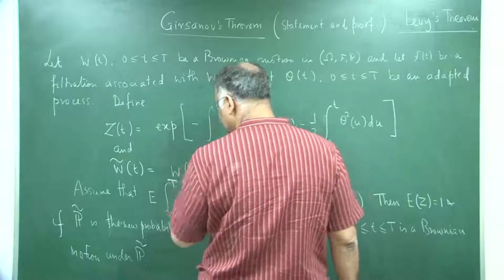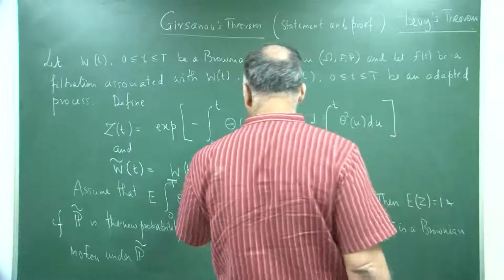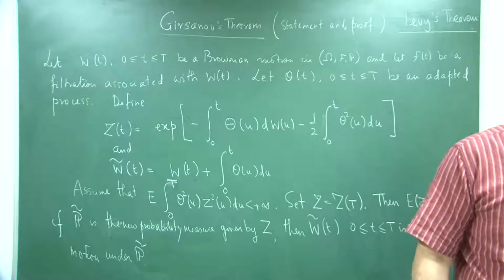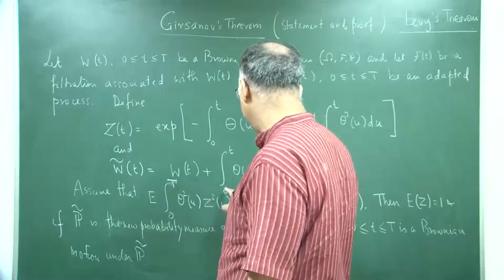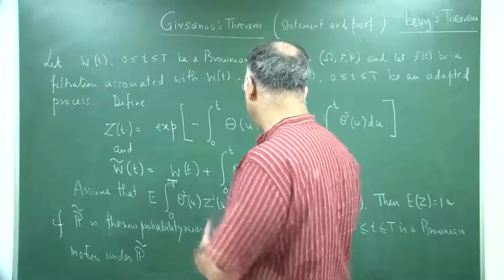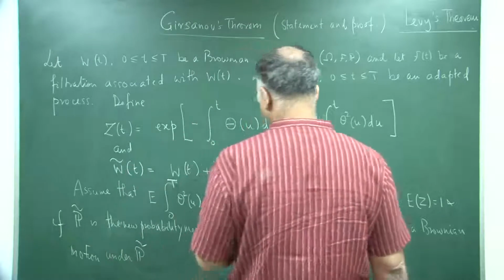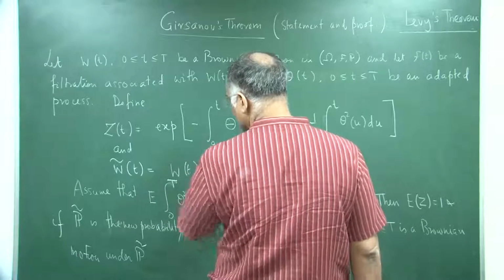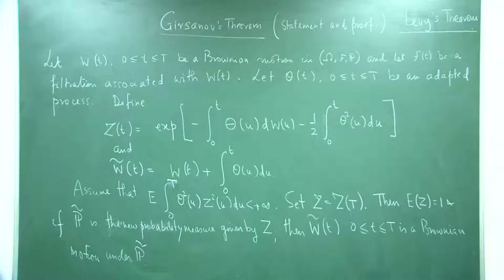And because of the continuity of the Brownian path and this integral as a function of t, assuming that theta is an adapted process, this would result in a continuous function, so every sample path would be continuous.